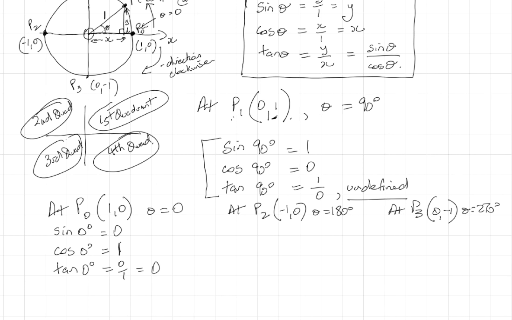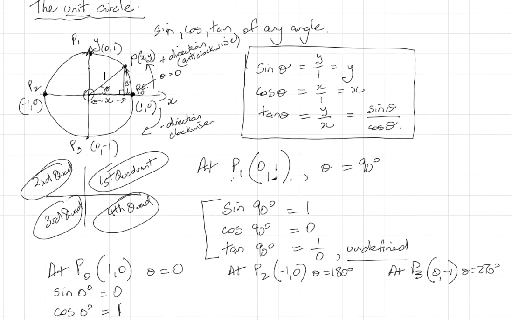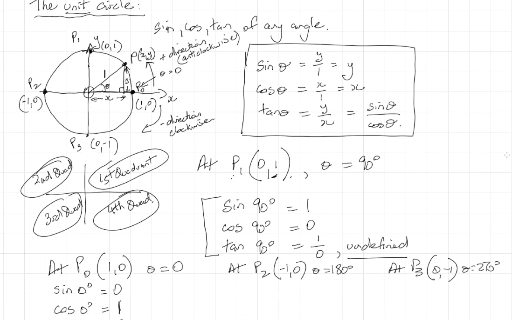Before we leave this, we should also be able to work in radians. So at P1 up here, theta is 90 degrees, or what's that in radians? That's pi on 2. So you can say that the sine of pi on 2 is equal to 1. The cos of pi on 2 equals 0.